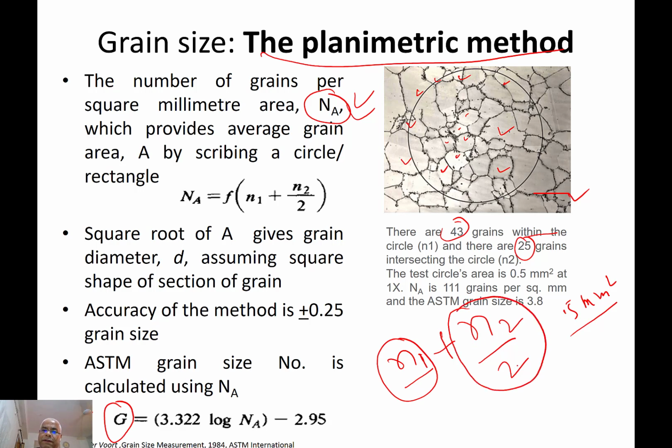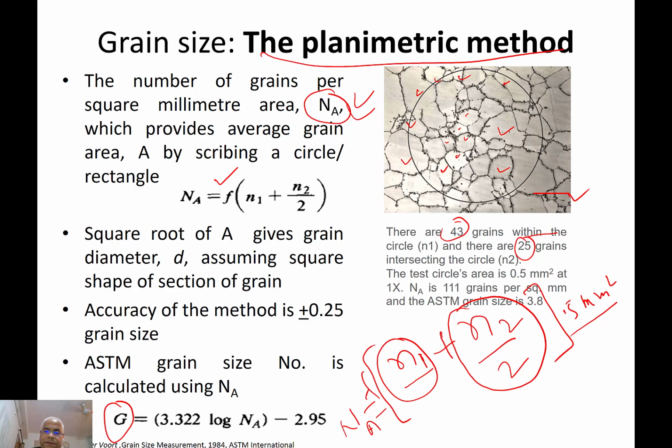The sum of these two gives us the NA. In addition to that, there is one factor f which is multiplied, because if we change the magnification, then the number of grains per unit area on the screen or on the paper can change significantly. So f indicates the factor associated with the magnification.